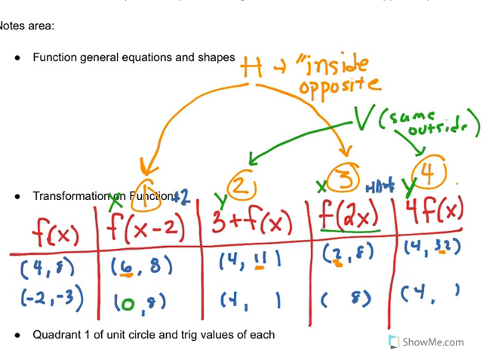Over here, it's -2 times 1/2, which is -1. And in the y direction, I'm going to add 3 to -3 and get 0. And the last one, I'm going to multiply the y by 4 and get -12.